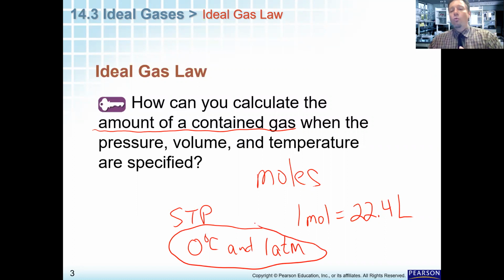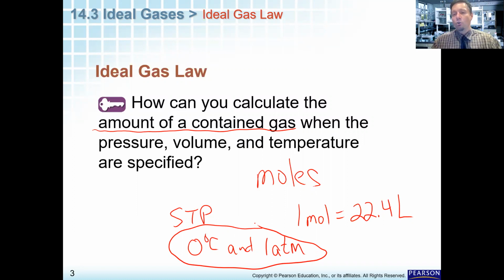And we learned that previously. So now we're going to learn how we can vary this temperature and pressure and determine any of the other factors based on the ideal gas law. It's very useful. The ideal gas law that we're going to learn about actually gets very complicated, but we're not going to look at it in its most complicated format.